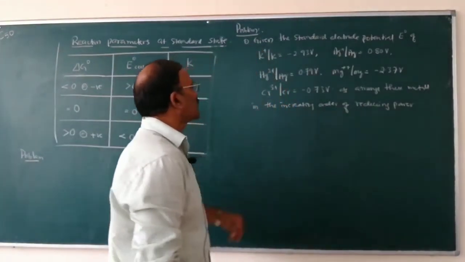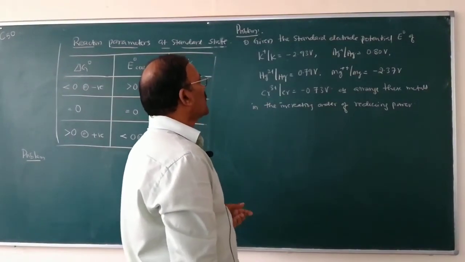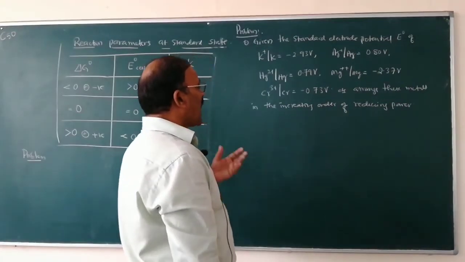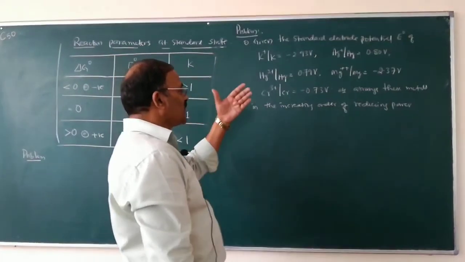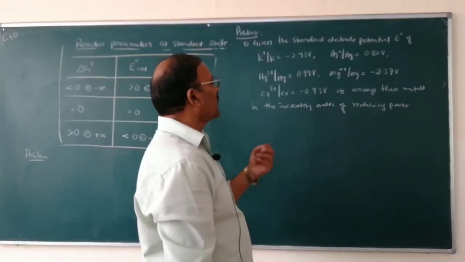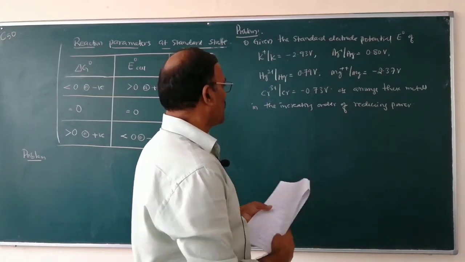So these are the electrodes, and the electrode potentials are given. From the electrochemical series, what we have understood is, as the electrode potential decreases from top to bottom, the reducing power increases. So that you have to bear in your mind.